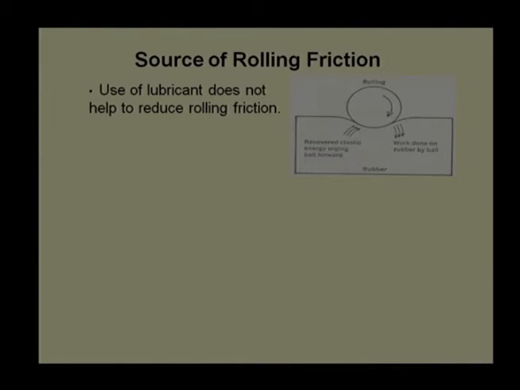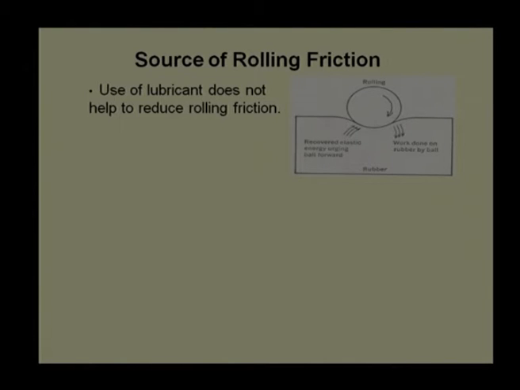So, there is a substantial area of contact, which introduces some sort of micro slip as well as hysteresis losses. In this case, it is shown that when it is relieved at the back end, it is recovered; the energy whatever has been given initially has been recovered at the back side. But due to the rubber, which has heat dissipation or energy absorption capabilities, the energy will not be given back completely; some portion will be lost, and that will cause a coefficient of friction.